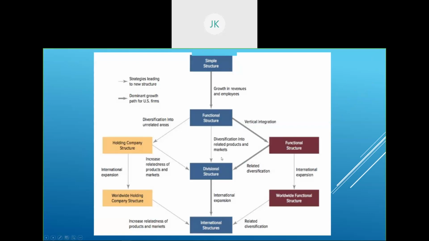So from this chart, first when they start a business in a small size, it is a simple structure. Then with growth, size increase, they need more specialized functions. Then the simple structure changes to a functional structure. Then by diversification, they expand or open new markets, new products.